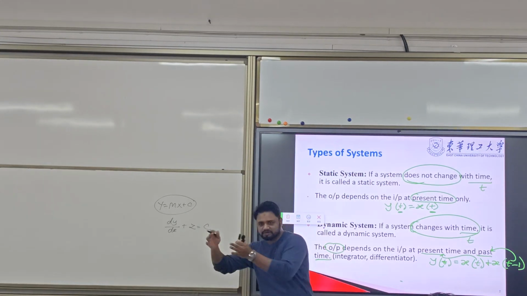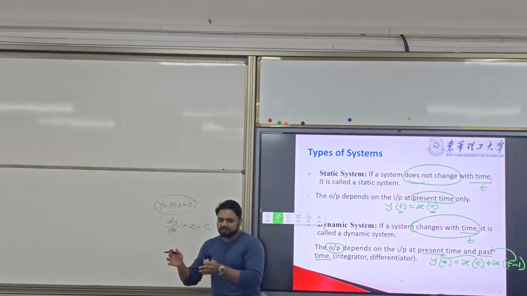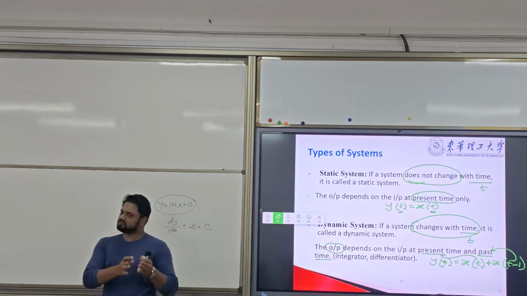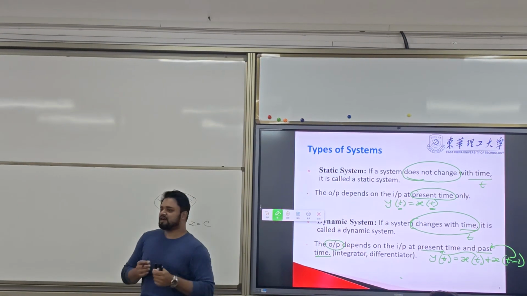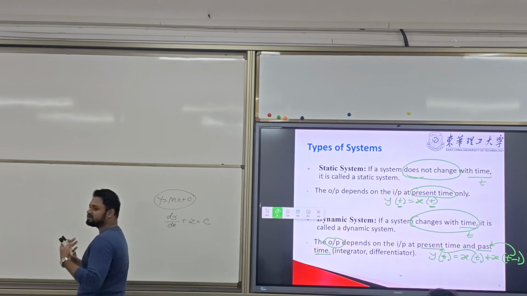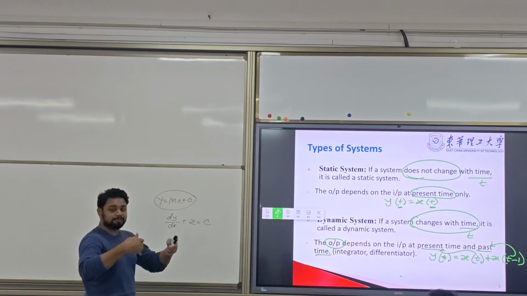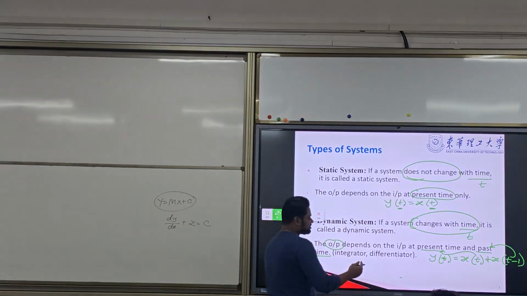Everything in the practical world is dynamic. It changes. It's not fixed. So this is why we will discuss the mathematical modeling of the dynamic system, that means the system that changes over time.